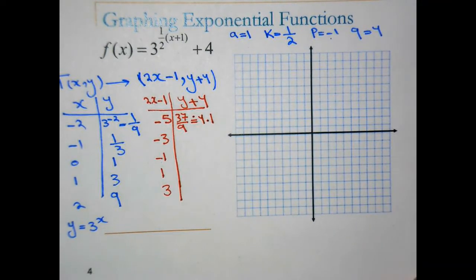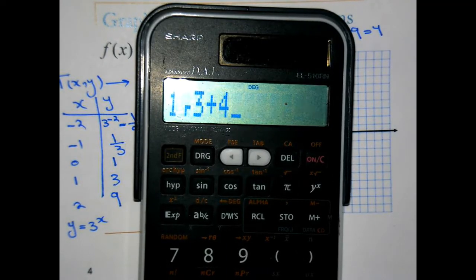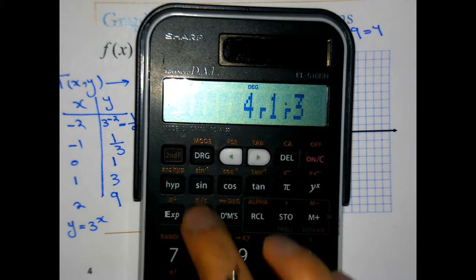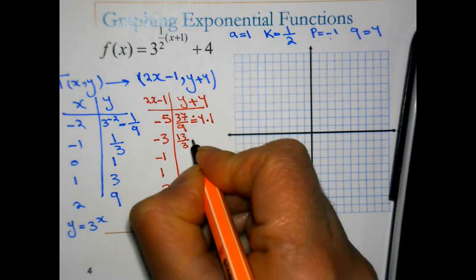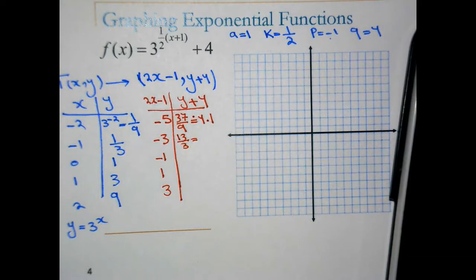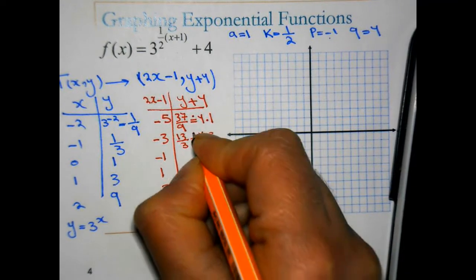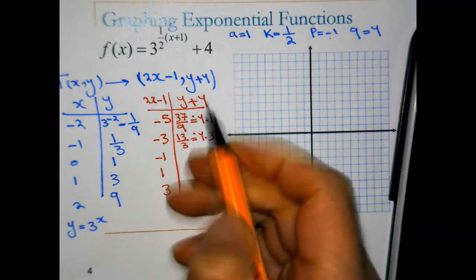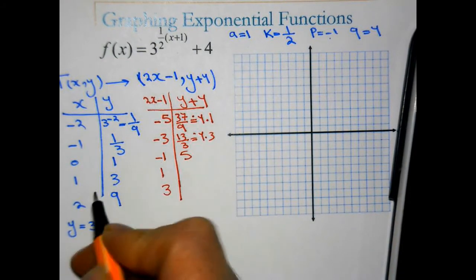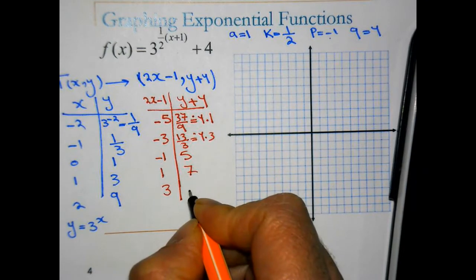Then 1/3 plus 4 is 13/3, which is approximately 4.3. Then 1 plus 4 is 5, 3 plus 4 is 7, and 9 plus 4 is 13.